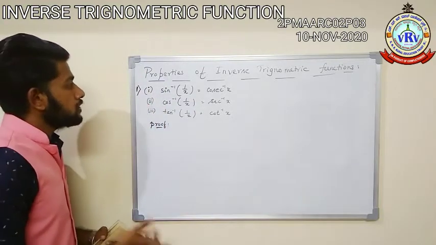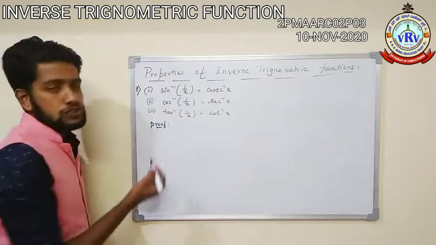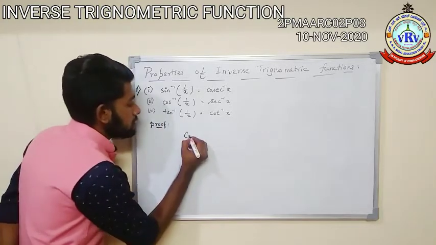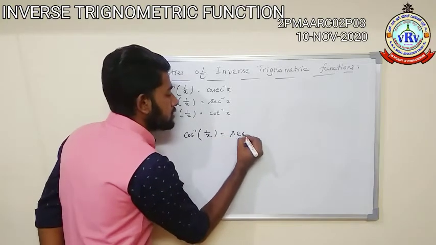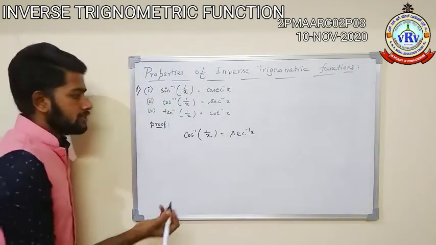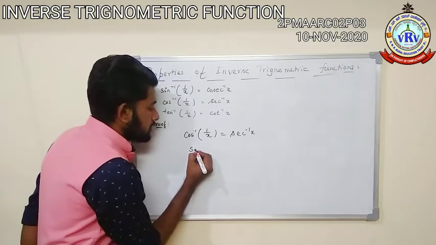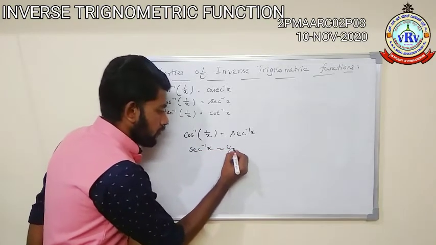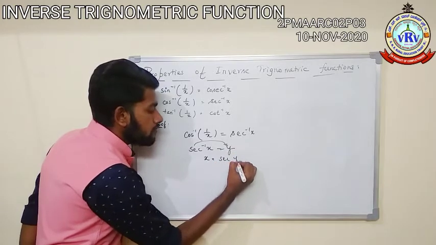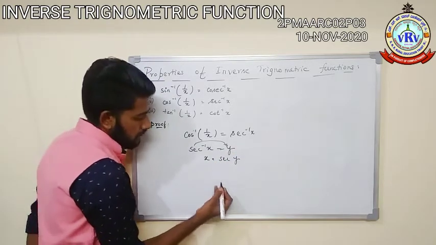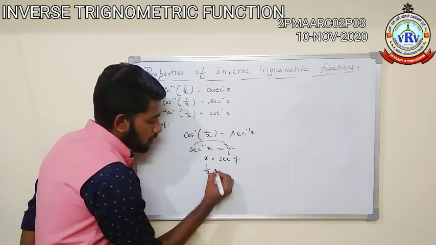Same way we can prove the second thing, the first property where cos inverse exists. That is, cos inverse 1 by x is equal to secant inverse of x. Same procedure I am following. Taking secant inverse of x as y, then x is equal to secant y, and I am taking reciprocal of x.